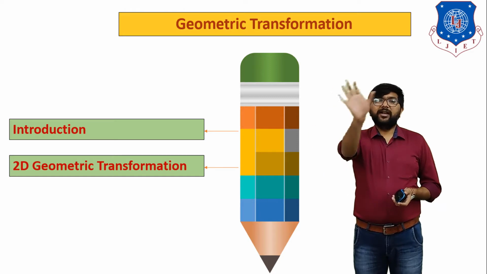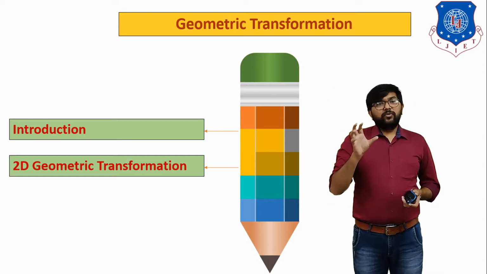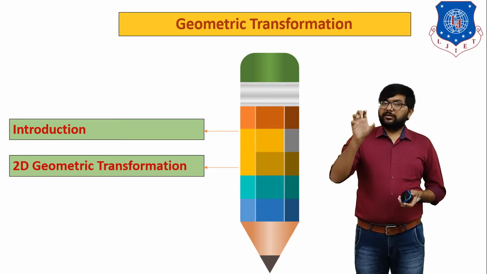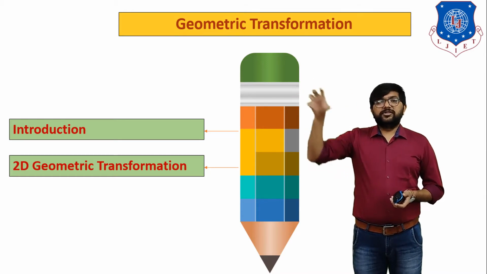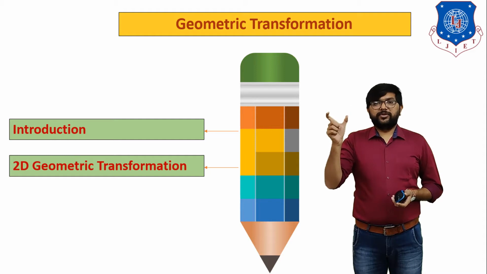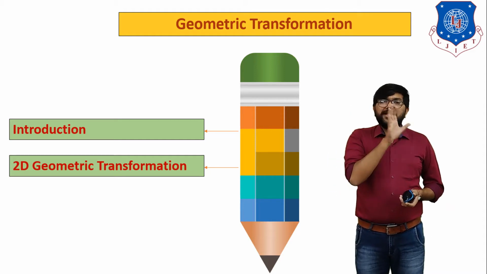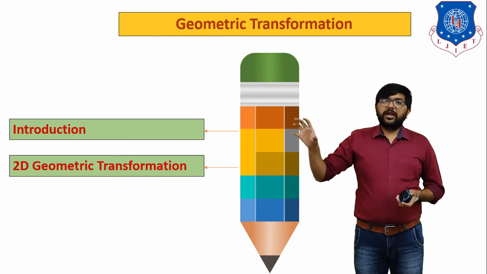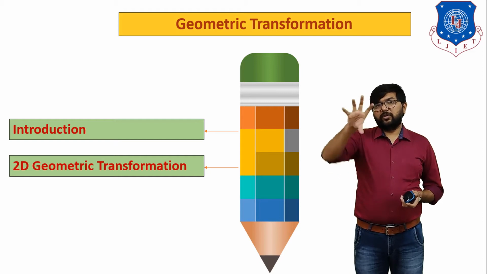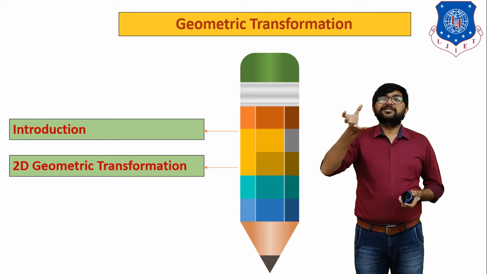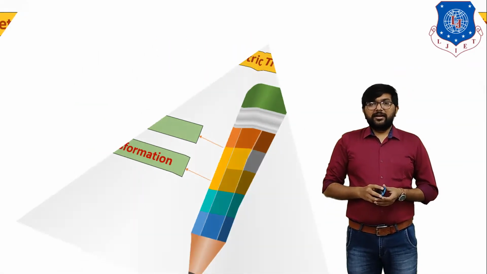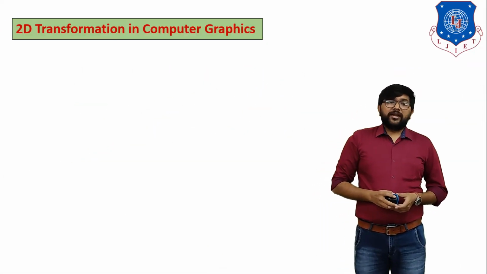In graphic display devices, if you want to translate an object from one position to another position, that is one type of transformation. Clear? If you want to change the position, the size, or the orientation of an object, then this process is called transformation. So what is 2D geometric transformation?